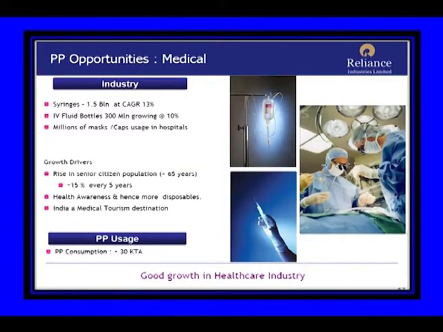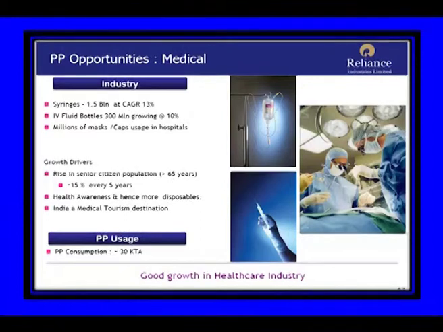This is, actually, if you see, courtesy of Reliance Industries, because they are the major manufacturer of polypropylene. As I told you, in the hospital the conventional syringes and bottles, glass, had been completely replaced by polypropylene syringes.